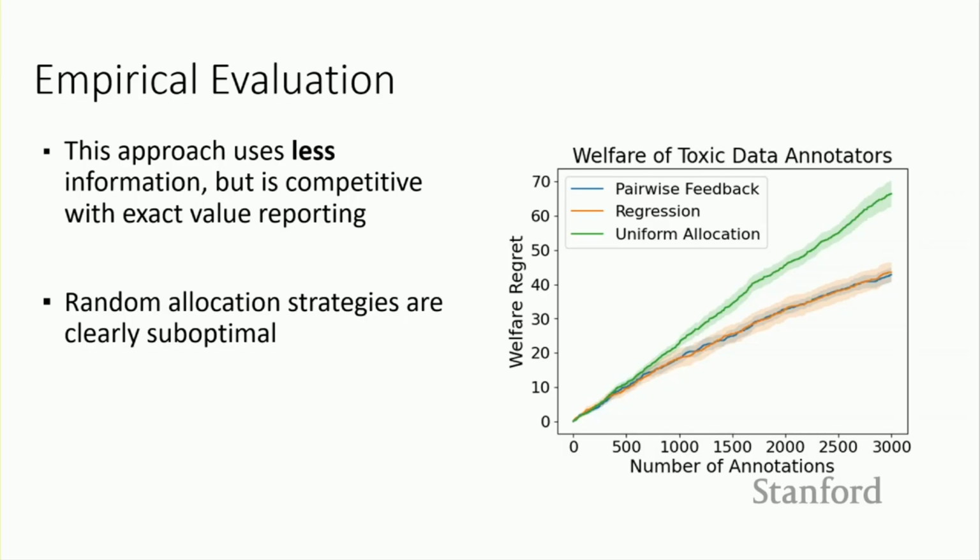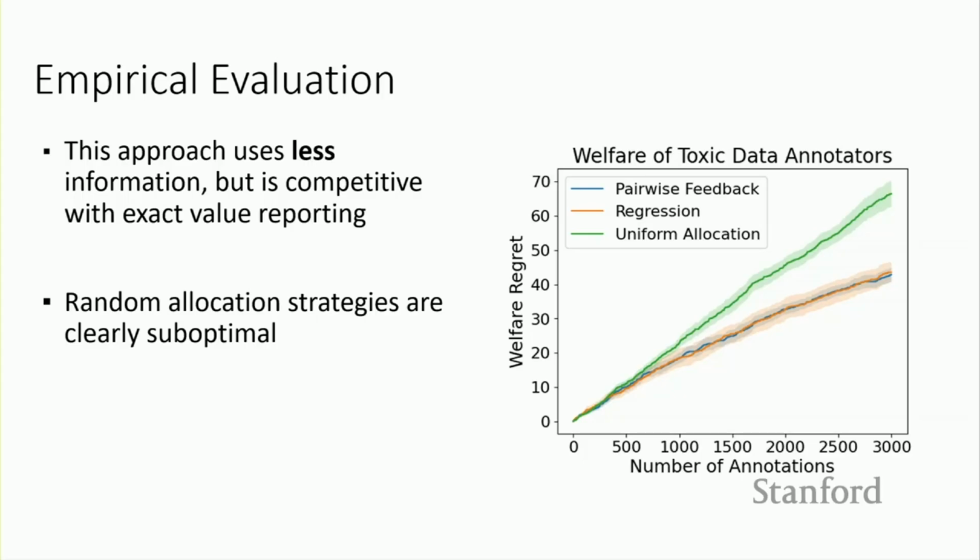Under the hood, as mentioned, there's a prediction system that tries to predict the potential value, in this case negative utility, from a particular completion. And then we do the second price thing just like before. And this is compared to other generic things that you might imagine doing. One generic thing is that you get to observe values and you just do a regression and then predict directly from there.